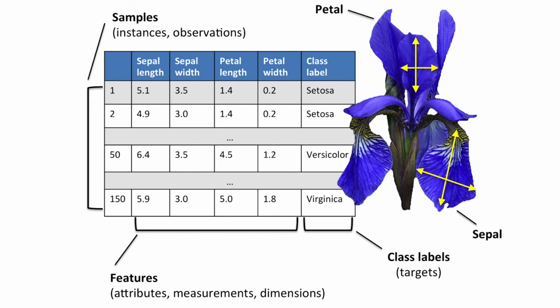We took an example of the iris dataset, where each row represents an instance, sample, or an observation. And the features such as length and width of the sepal and the petal in each sample are represented as columns. One of the columns is the label identifying the variety.